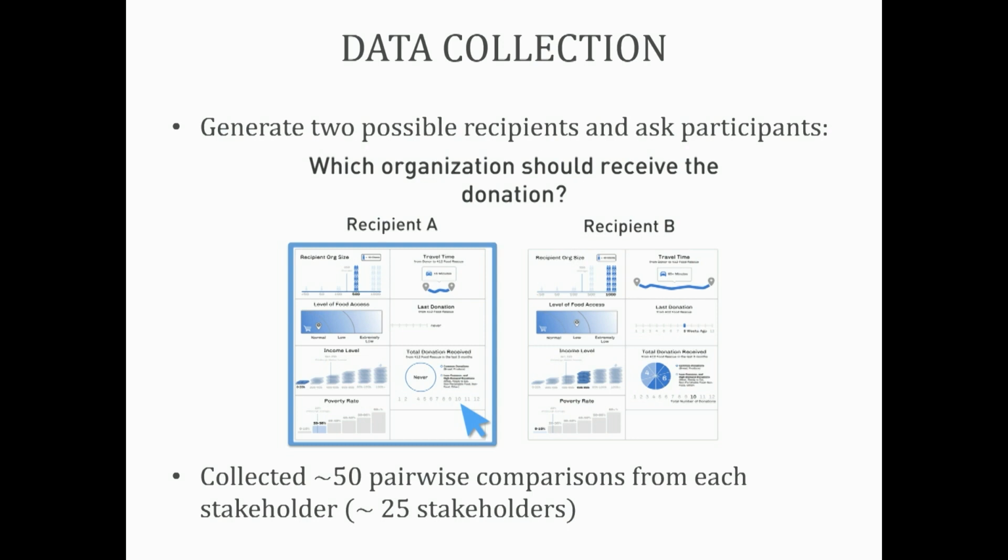And I ask you, do you prefer A or B? That's one data point. Okay. Unfortunately, we can only get very few data points. So to get 50, we need to sit someone down for like an hour. So data was somewhat limited in our application, and we could only do this for 25 of the hundreds of stakeholders. But we did it.